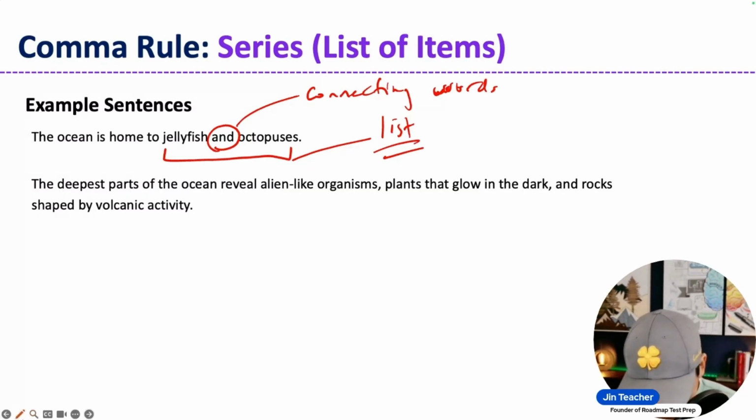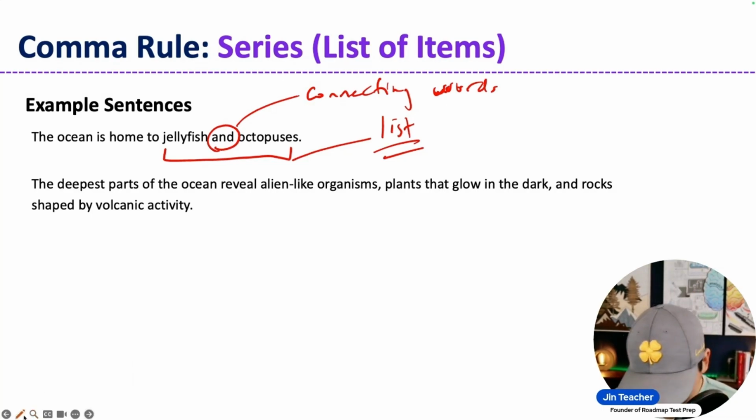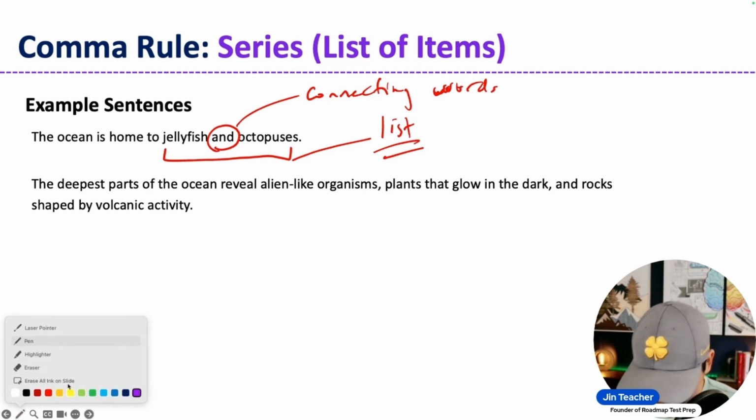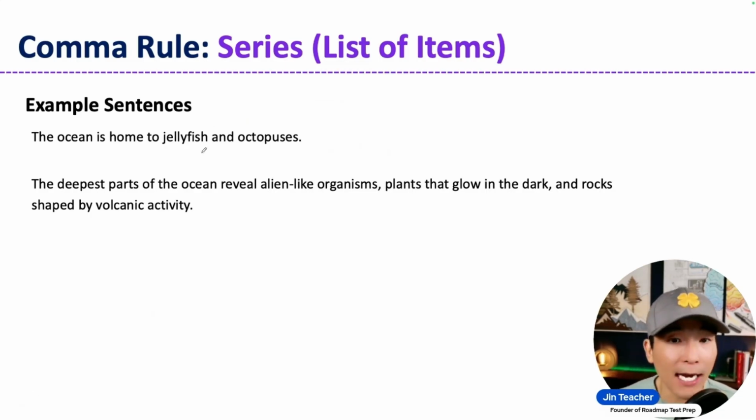Now, secondly, let me ask you this question, you guys: how many items do you have in this list? How many items are there in this list? Think about it for a second, and say it out loud. If you said 2 items, fantastic, 2 items is absolutely correct. What's the first item in this list? The first item is jellyfish. What's the second item?